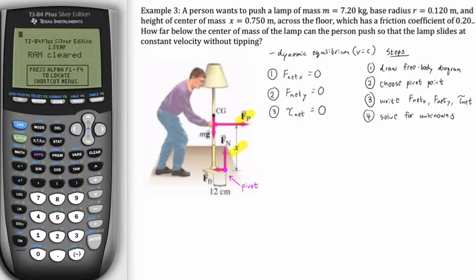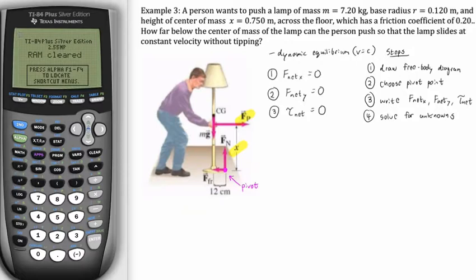Not that it matters where you choose your pivot point in terms of where things would actually pivot, but the friction force and the normal force are located at that front point, as opposed to being right below the base, because if the lamp was to start to tip, it would tip there. And since we're pushing with a force just big enough that we're at the threshold of tipping, the only contact point would be the front.